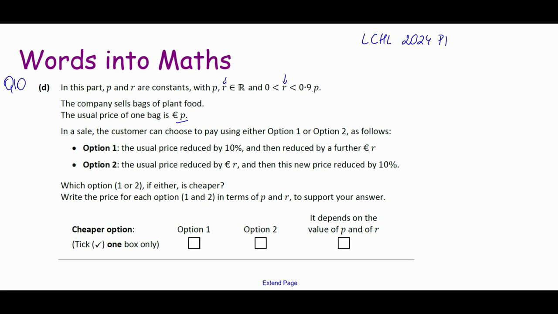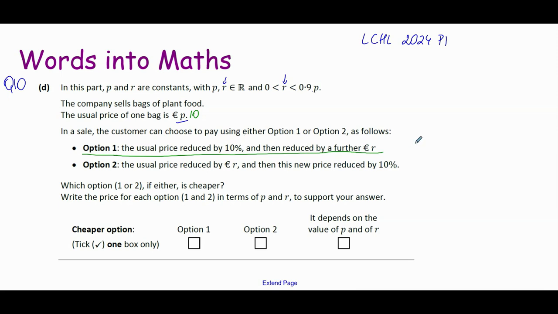Okay, so again, let's break down the words. So the usual price is reduced by 10%. What's the usual price? P. When something is reduced by 10%, that means how much am I paying? Let's say if that price is 10 euro. Sometimes it's easier to just put some numbers in place of letters in a question like that. If it is reduced by 10%, then I'm paying what? 9 euro, isn't it?